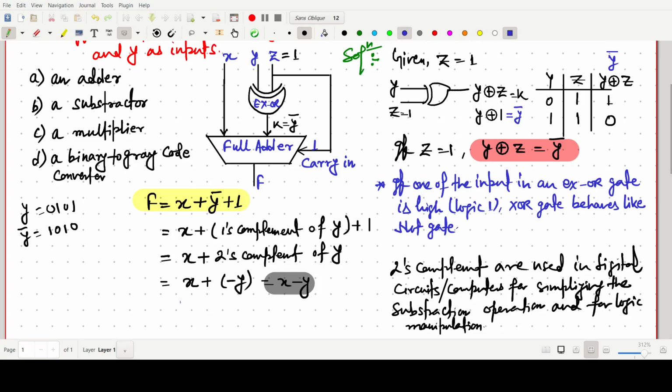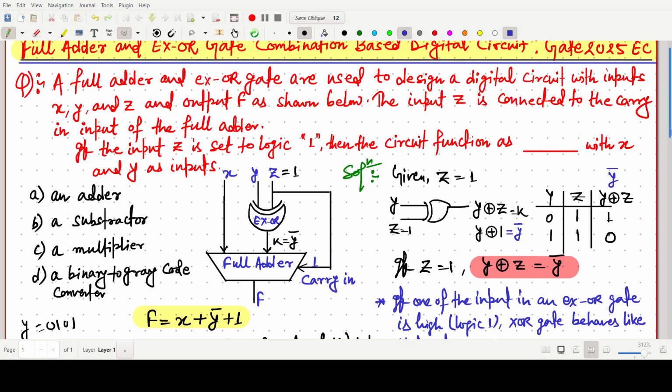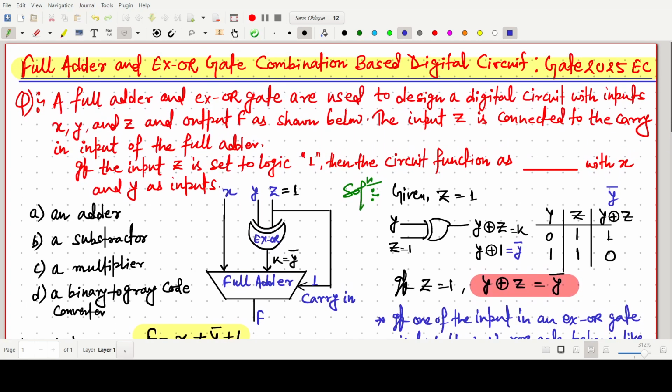This is a very fundamental question, but a bit tricky. This is the answer for that particular question: the subtractor is the correct option.